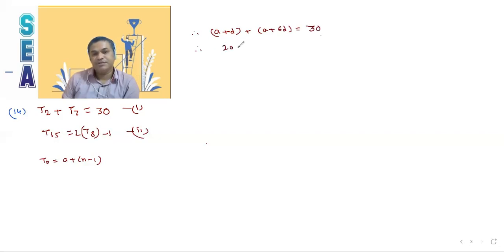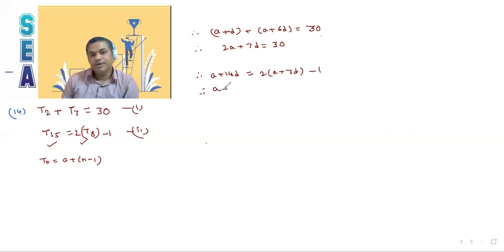So eventually it is 2a plus 7d is equal to 30. Then we got another equation, T15. So T15 is a plus 14d is equal to 2 times a plus 7d minus 1.